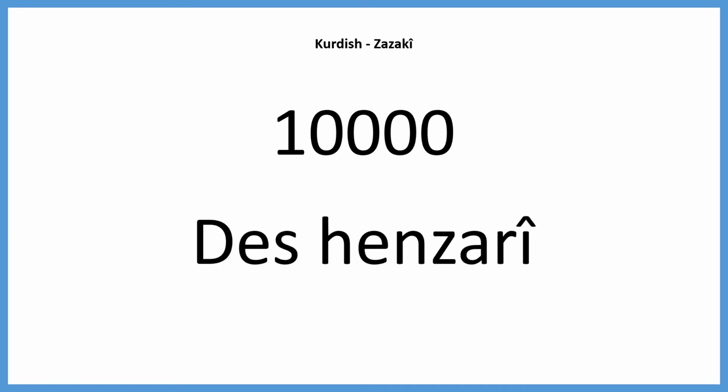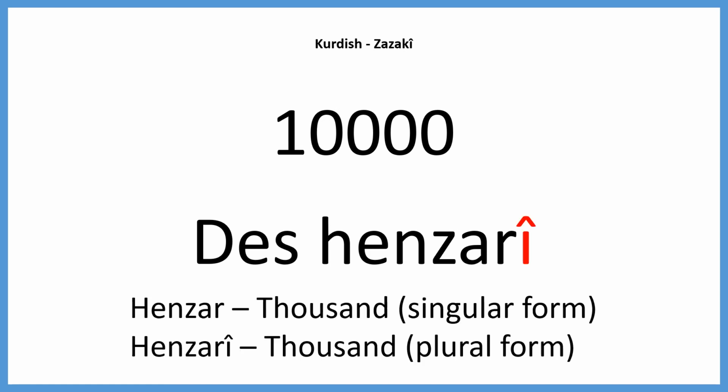10,000, des henzari. When we have any multiple of 1,000, henzar becomes henzari. Henzar is the number thousand in the singular form, whereas henzari is the number thousand in the plural form.